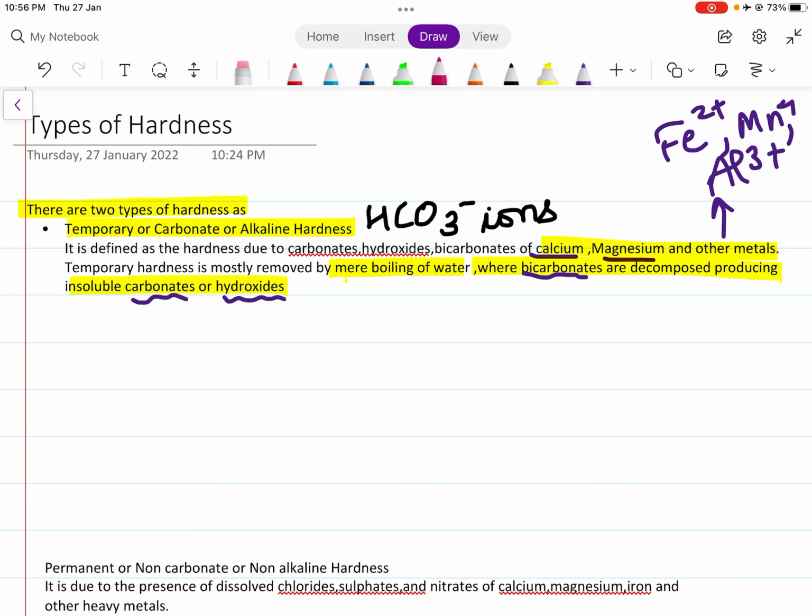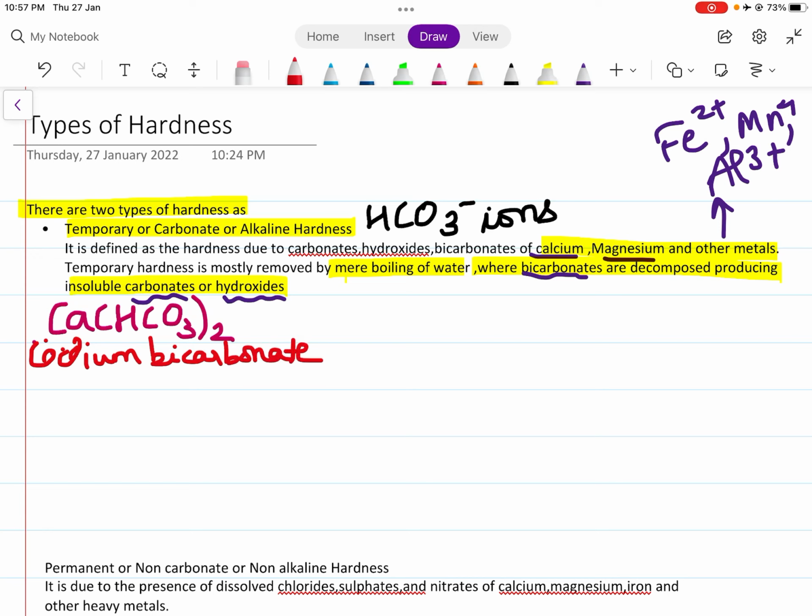So let's see the reaction. For example, Ca(HCO3)2, calcium bicarbonate. When calcium bicarbonate is heated, that means you are boiling the water which has calcium bicarbonate in it.